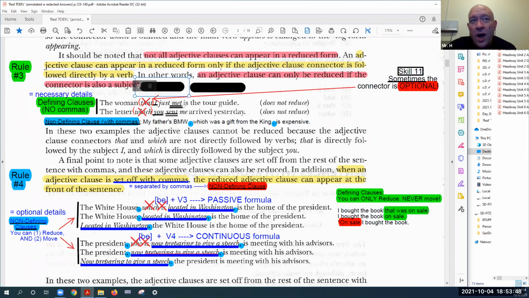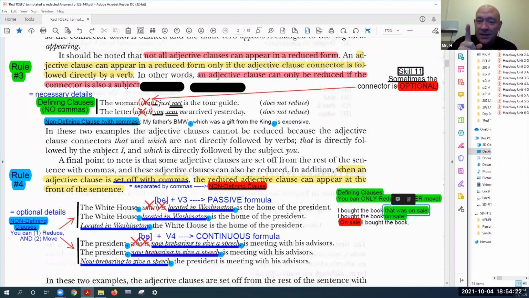Why can we not reduce those? Because in the examples above, the connector and the subject are not the same word. They're different. But in this case, it is both the connector and subject. So when it's both the connector and subject, yes, we can reduce it.